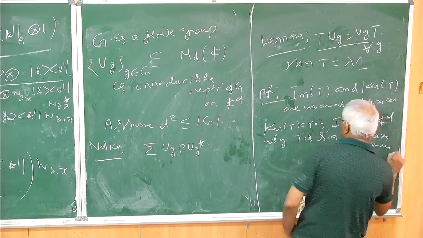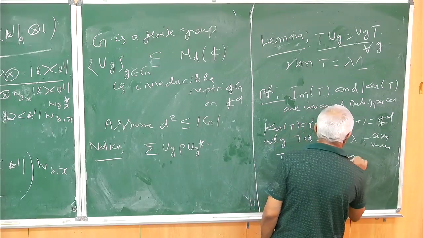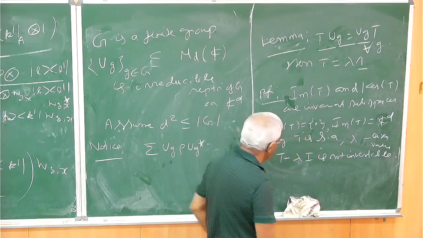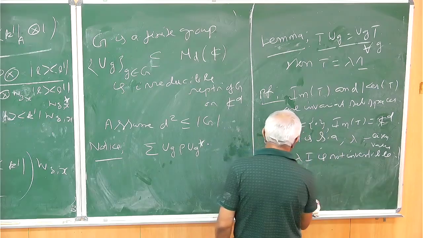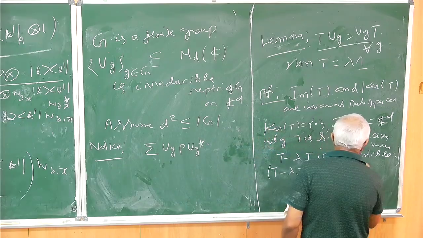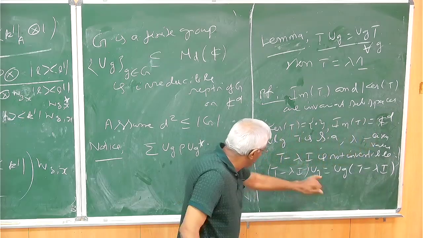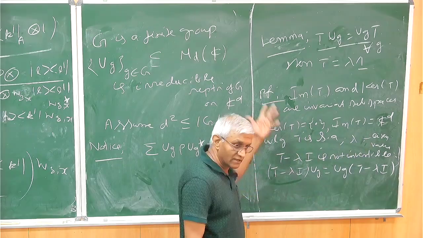Lambda eigenvalue means T minus lambda I is not invertible. But then T minus lambda I also commutes with this: T minus lambda I times U_g equals U_g times T minus lambda I. That implies T minus lambda I has a kernel, so the kernel should be everything.